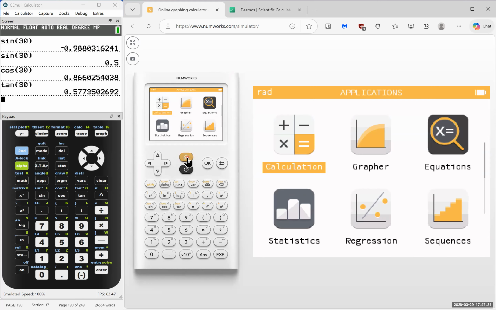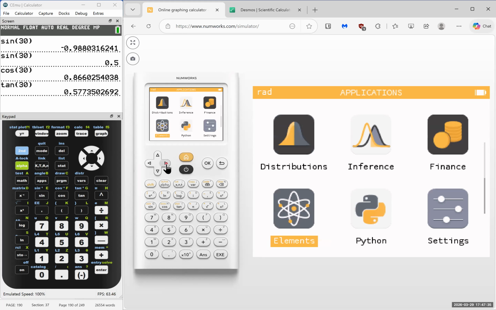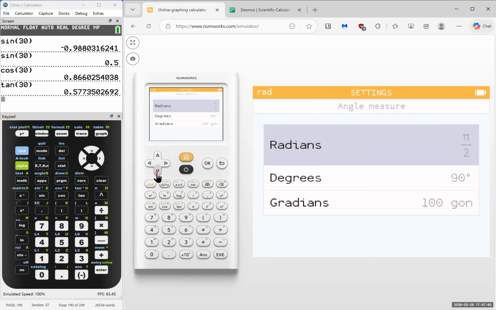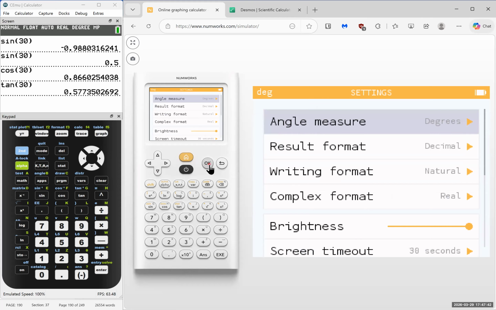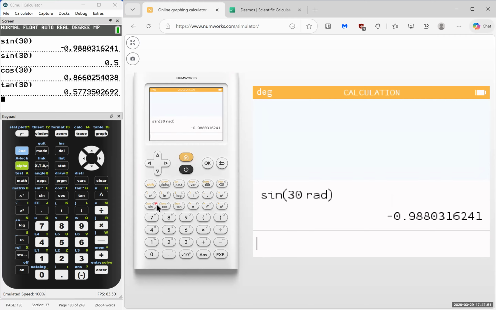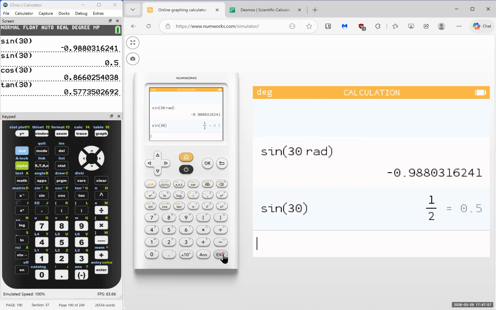But now if I go back home, go down to settings, and change this to degrees, go back home, go to the calculation app, and now I do the sine of 30. Now it tells me it's 1/2. So this is correct.